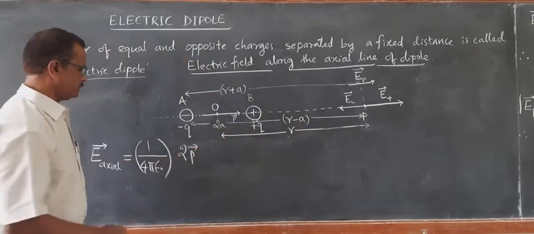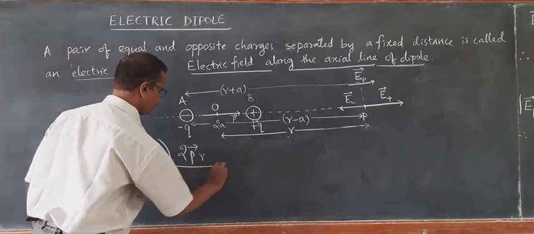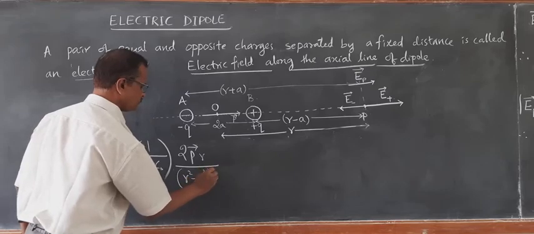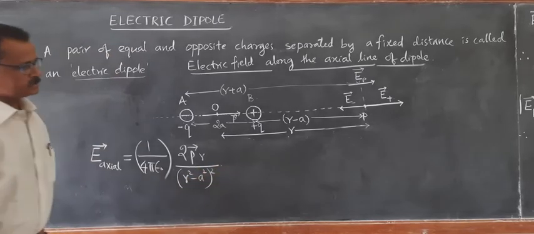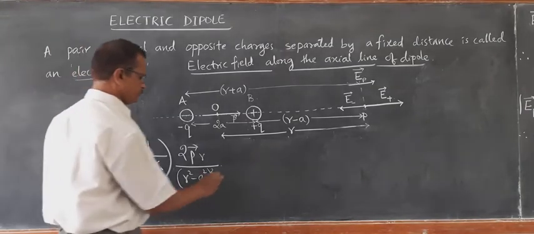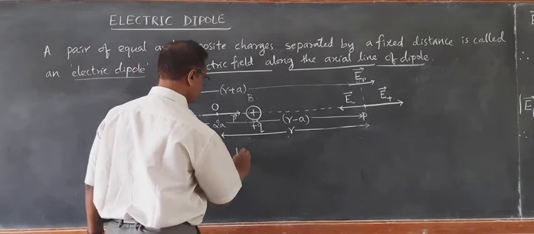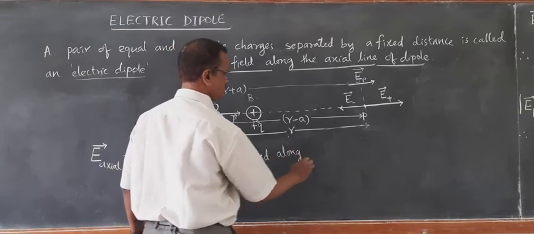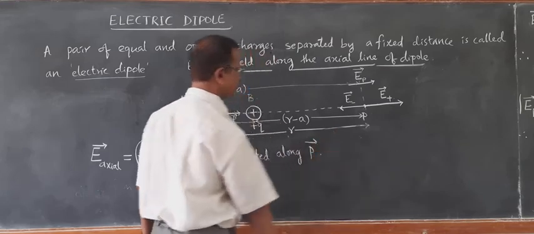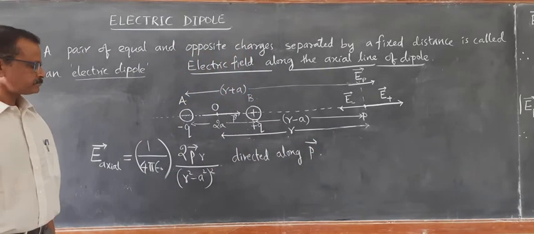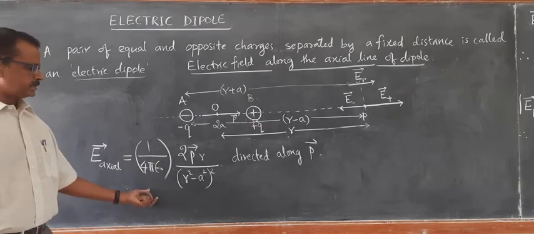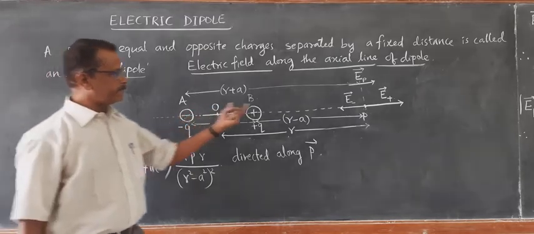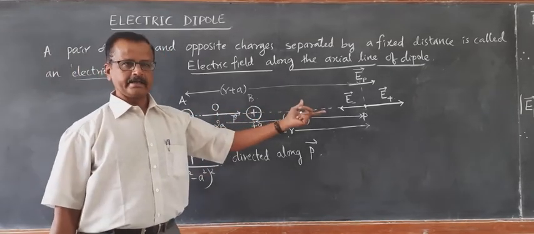So 2P vector R divided by R square minus A square whole square. So we can conclude it is directed along P vector, directed along dipole moment vector. So this equation is helpful to find the electric field at any point along the axial line.